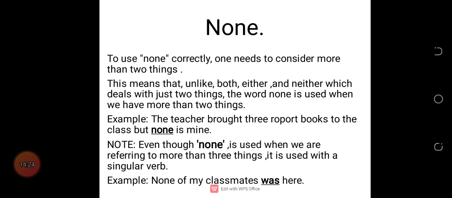Maybe you're talking to your friend, you can't say that. But when you have 3 or more things mentioned, we can use none. And it also goes with a singular verb, because it is an indefinite subject.